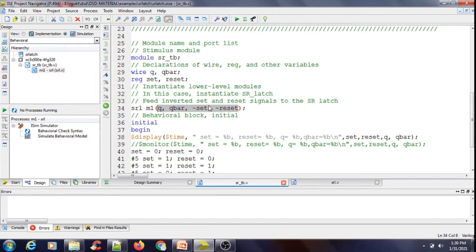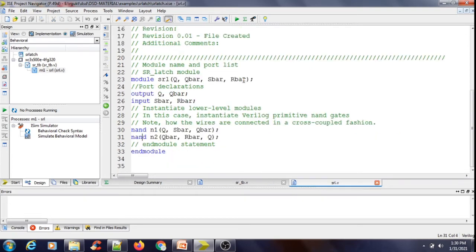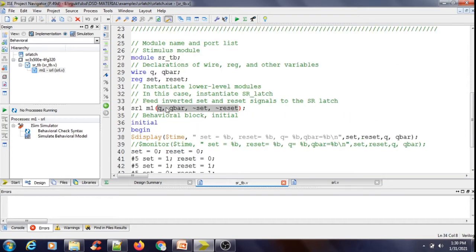Whatever order I am following is the same as how you defined it during your module SR latch definition. That means output ports come first, input ports last. In the same manner, during instantiation or making a copy of the SR latch, the same port list order needs to be maintained, output first and input next.